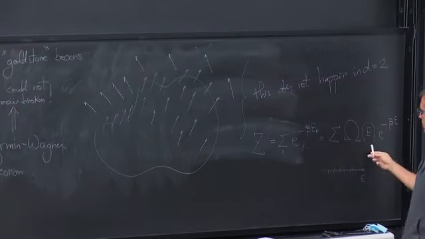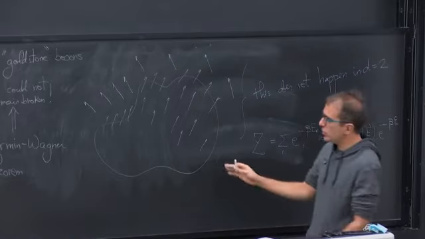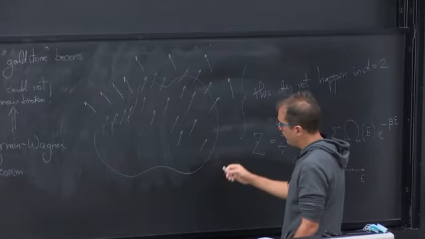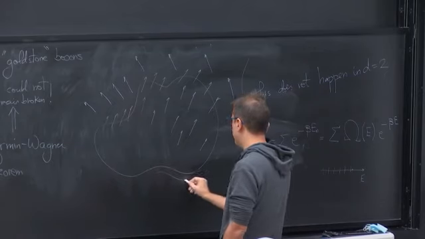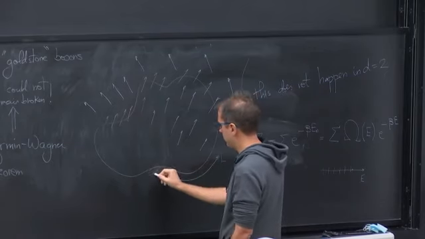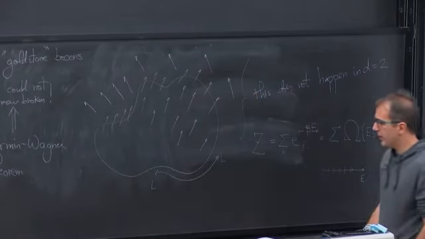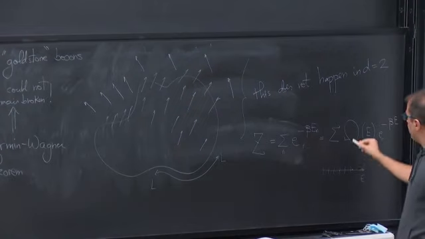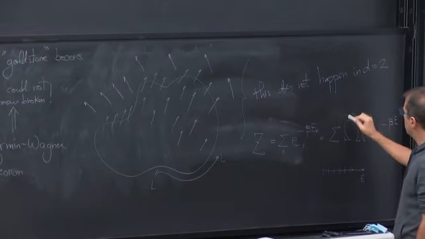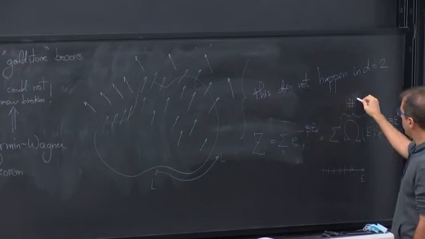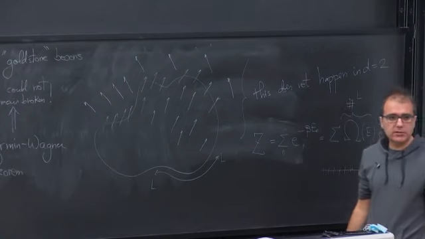Now, how does the number of such configurations grow? If I call the length of this curve L, then this number of configurations would be some exponent to the power L, right?